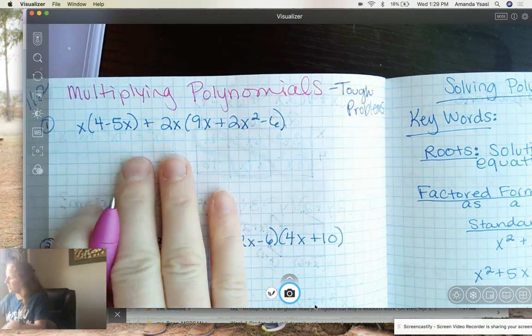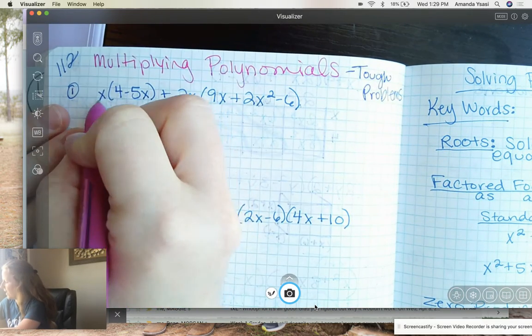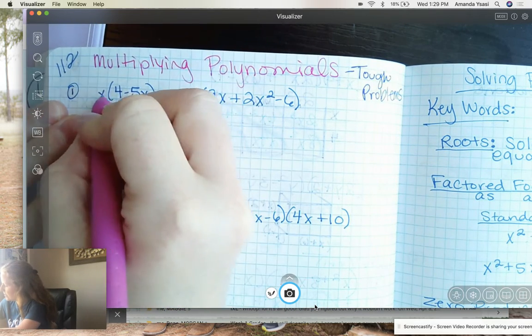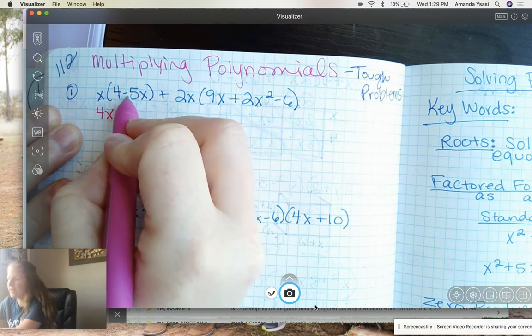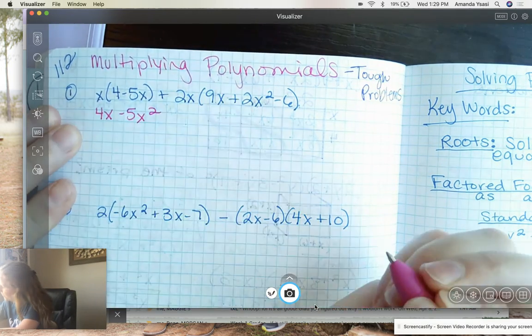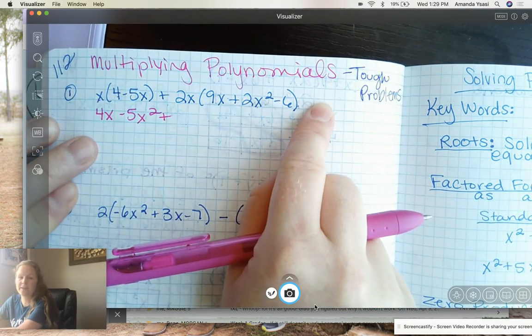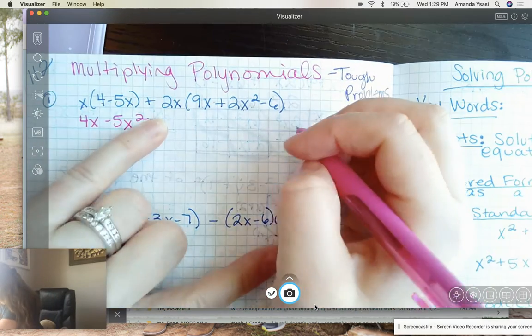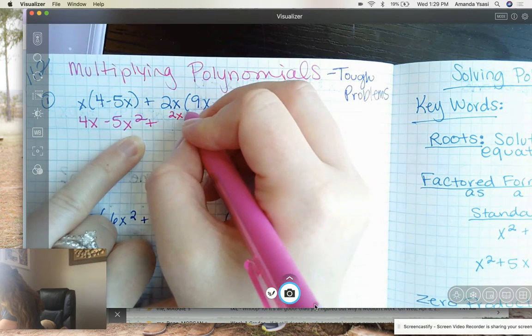Okay, so let's look at these tough problems. So we are multiplying x times everything inside. So x times 4 is 4x. X times a negative 5x is a negative 5x squared. Plus, okay, and then you're going to multiply these. So if you want to do this 2x, I'm going to multiply and put it right here.